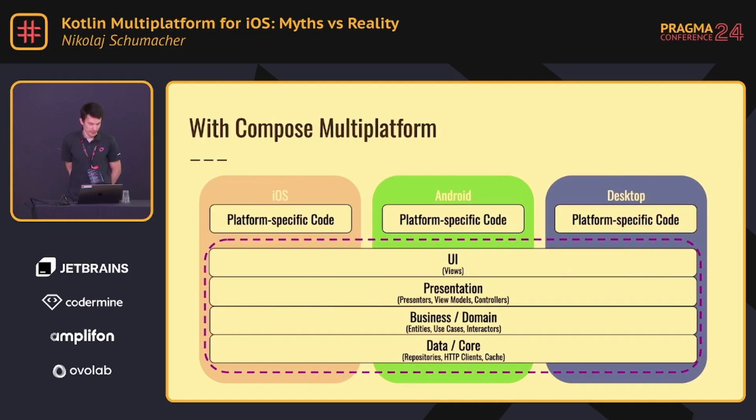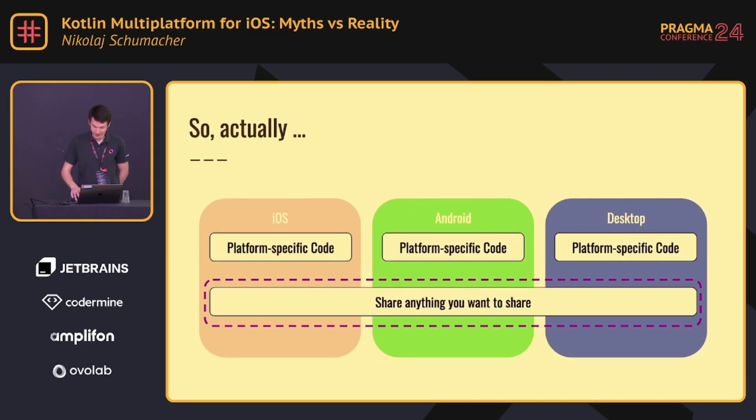But with our new Compose Multiplatform, you actually can go all the way and share the entire application if you want to. Yeah, so actually, it looks like this. You have 3 apps. You can have platform-specific code in each one, and you should just share what you want and not more than what you want.